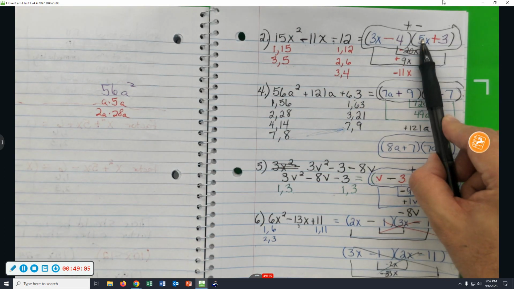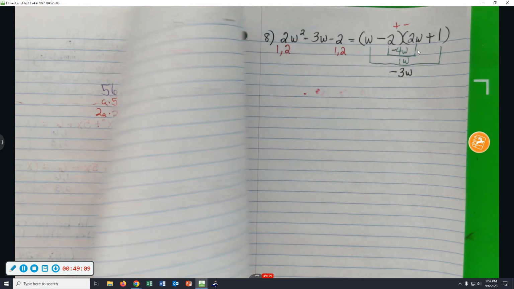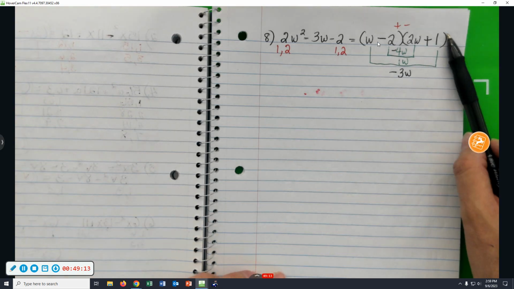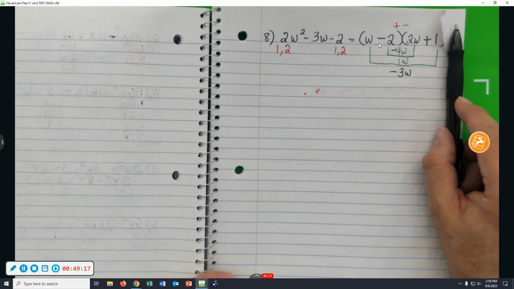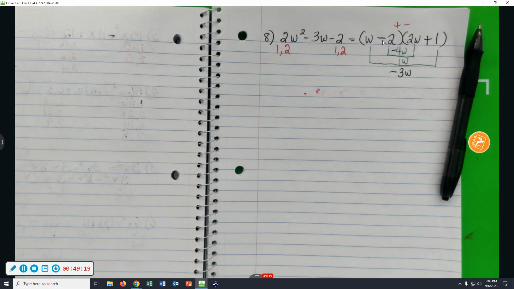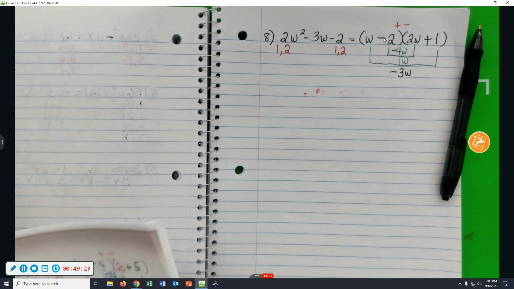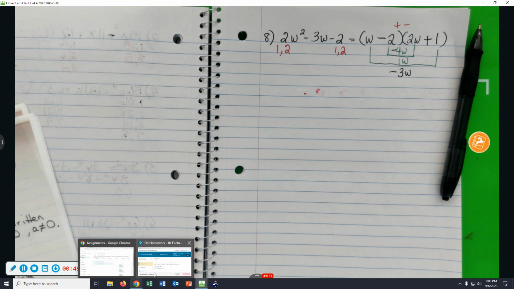But if you're one of the people that puts the big coefficient first, here you'd have a 2W plus 1 times a W minus 2. That is perfectly fine. As long as you have the same thing inside the parentheses, the order of the parentheses doesn't matter. Now, if you write a W plus 2 and a 2W minus 1, that's wrong. You have to have the same stuff inside the parentheses, but the order of the parentheses themselves doesn't matter.